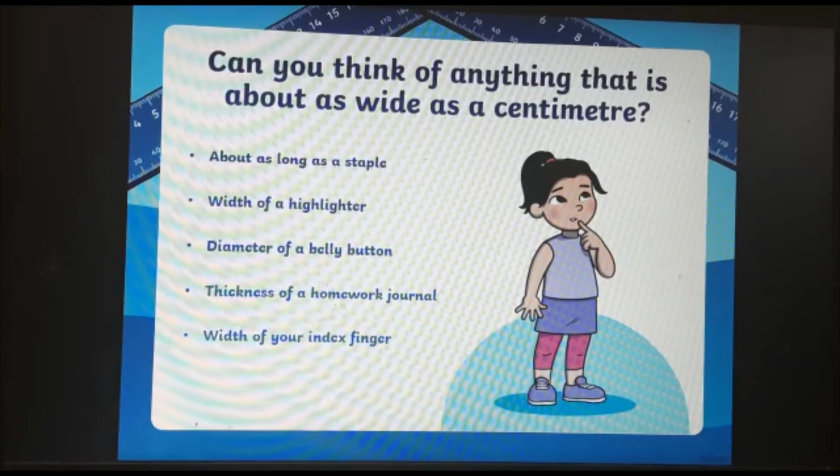You all have your notebooks. Different notebooks have different thickness. You can check which one is exactly 1 centimeter wide, or which is maybe more or a bit less than a centimeter. And of course, the width of your index finger.